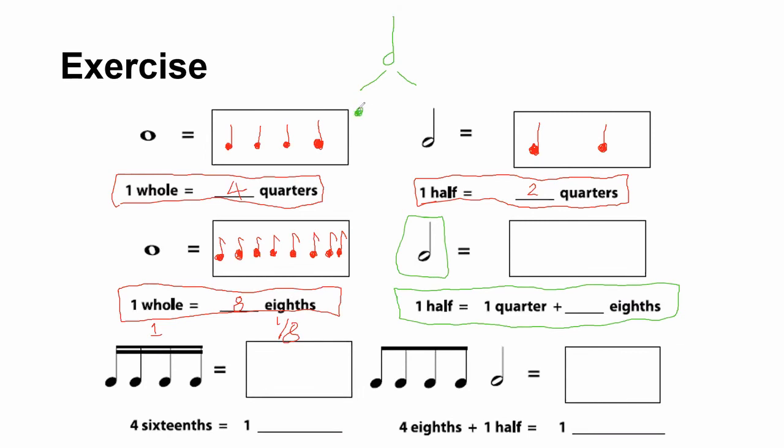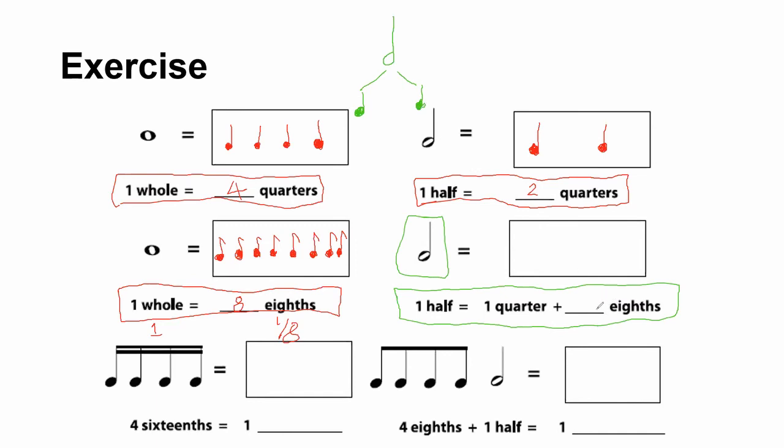So you have 2 quarters. I'm drawing it here in green. That's a quarter, a shaded black note with a stem. So 1 quarter plus another quarter gives you a half. We already have the 1 quarter. So a half note is a quarter plus a quarter, but now they're asking us for the eighth.